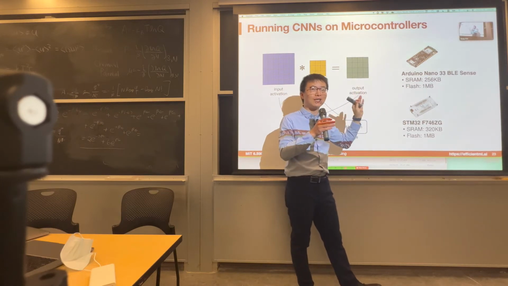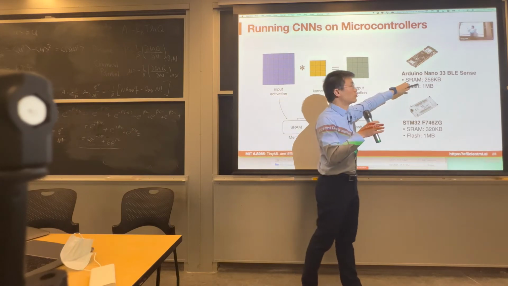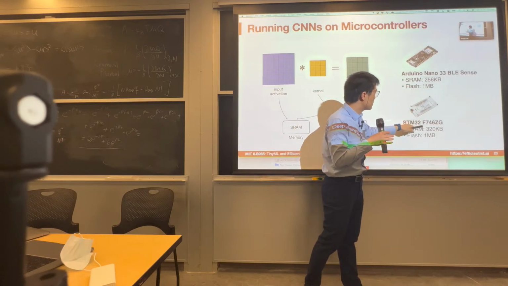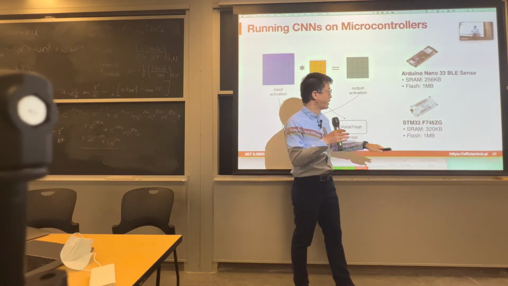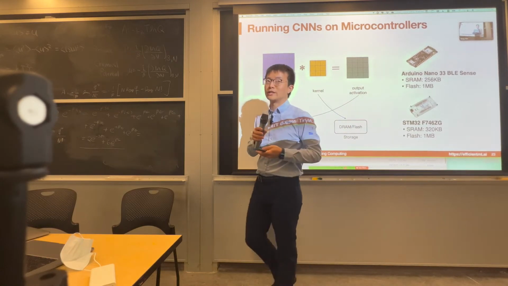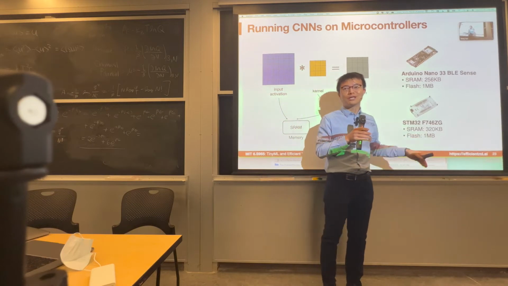This gives you an idea how small the range of memory resource is to store the activations and store the weights. And this is another popular dev board, STM32F746, which we widely use in our experiments. We'll also be using that for your lab 4.